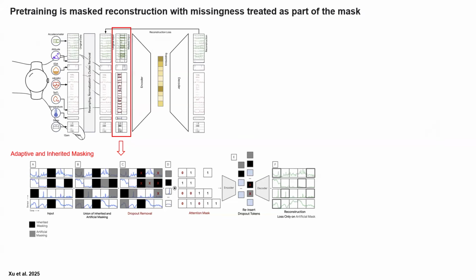So they combine both and have the adaptive and inherited masking. From that, they do the dropout removal, removing some of the information that was masked, and they also use the attention mask to mask some other information. Then they introduce this to the encoder, and using the decoder they get the reconstruction of the original data. In the end, they only check the artificial mask because that is the information they already had.